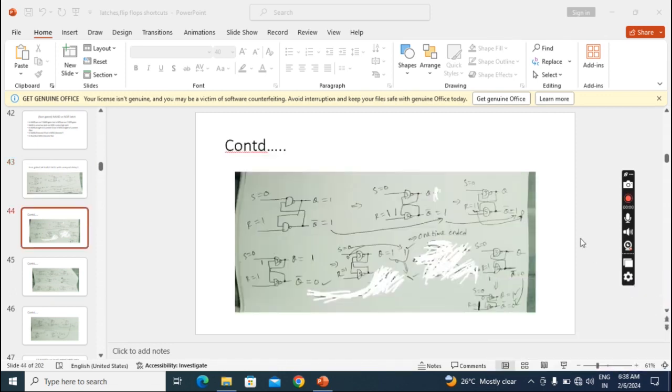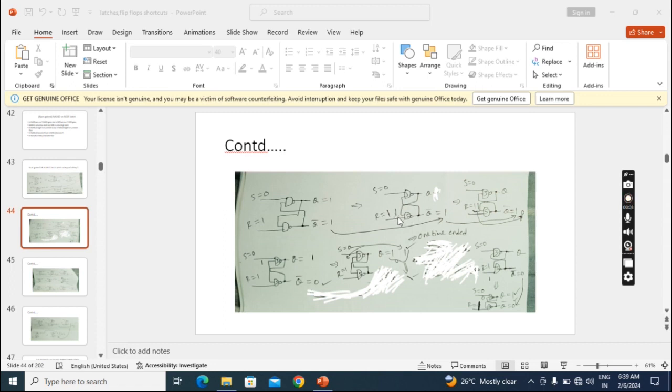Now we'll see the second condition, what happens when I apply S0 R1. When I apply S0 R1, the existing outputs are Q 1 and Q bar 1. Here the gates have unequal delays, so first I have to feed back the faster gate output. So this Q I have to feed back here. Now both inputs of this gate are 1 1.